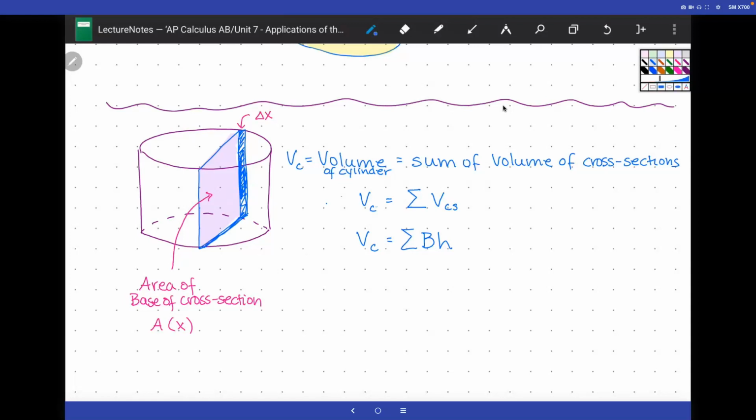So then going back to my sigma, the volume for a cross section is the sum. Well, instead of area of the base, I'm going to write A of X. And instead of height, we're representing that with delta X.